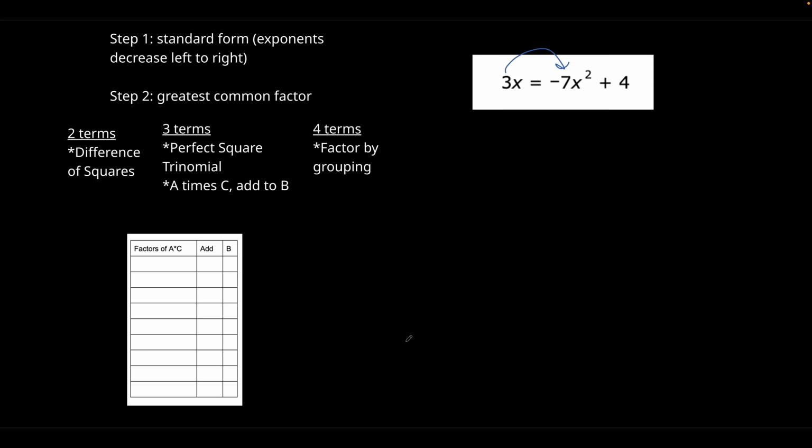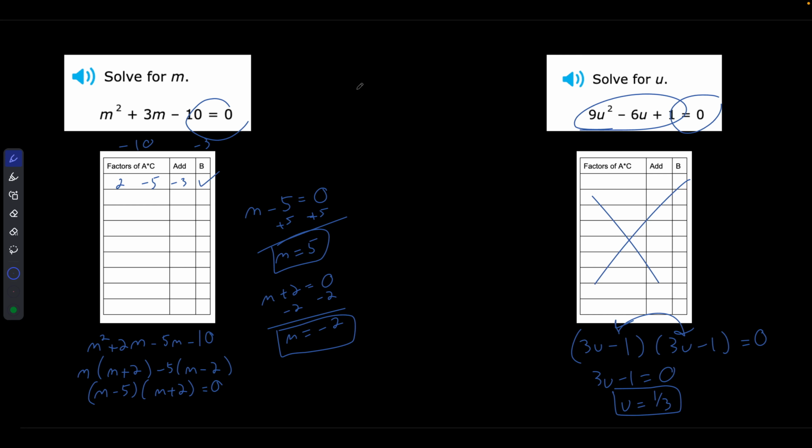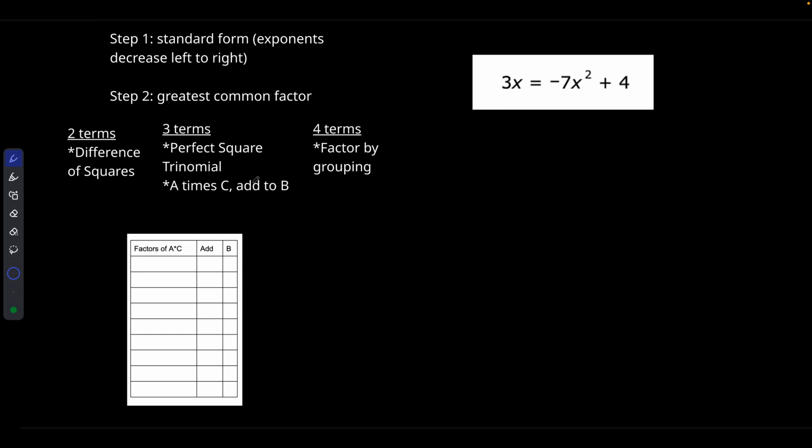Final answer. Now for this problem, you will notice that this does not equal 0. If you look back at the problems we just did, all of them have equal 0 on them. So we need to make this equal 0. You've got two options. One, you could move the 3x over here and work the problem from there, or you could move both of these over here.